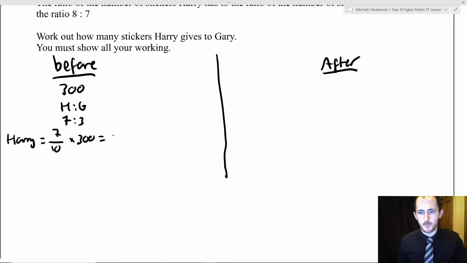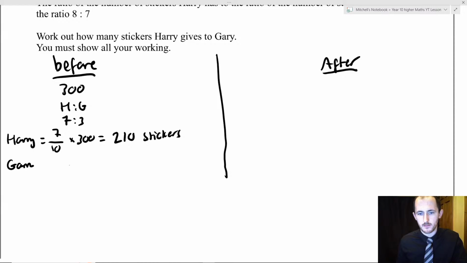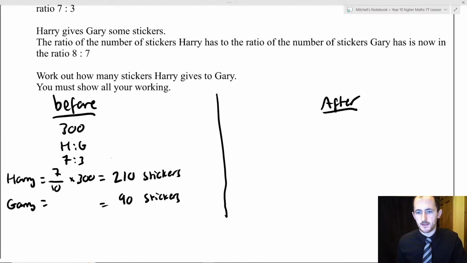Okay, and that would be 210 stickers. The way I got that is I divided by 10, so I get 30. 3 times 7 is 21, so add on the 0. Which means Gary gets 90 stickers. Okay. So if you notice here, there are 10 parts.